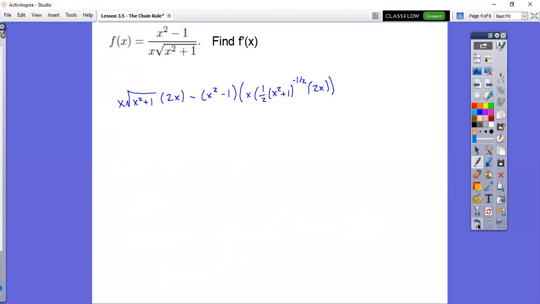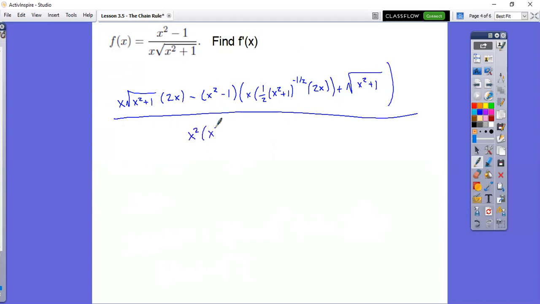Sorry, I closed the parentheses too soon. This is the first term times the derivative of the second, plus, nope, that was the right parentheses. That's closing that parentheses right there. Plus 2 d1, so I've got square root of x squared plus 1 times the derivative of x, which is just 1. So I've got that whole thing over x squared times x squared plus 1, the denominator squared.